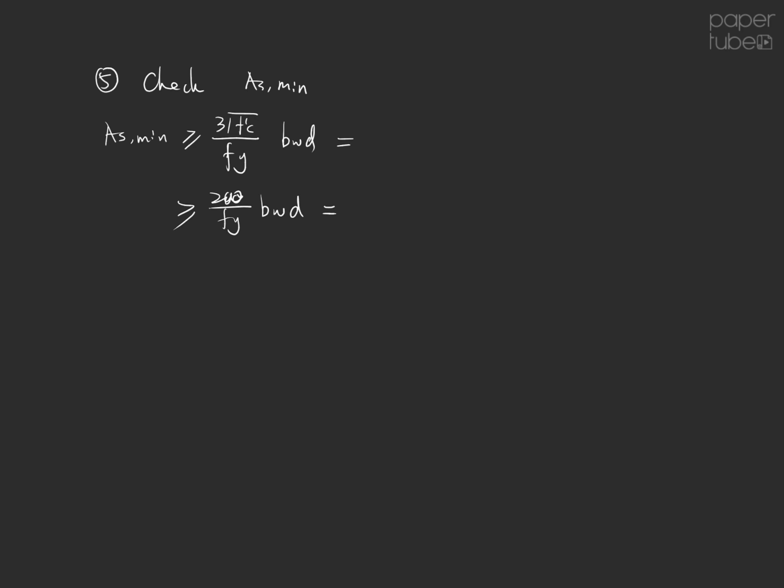That is 0.99 inches squared. This is 1.2 inches squared. The second one is governing. Your AS is equal to 9.51 inches squared, which is larger than AS min. Therefore, we are okay.